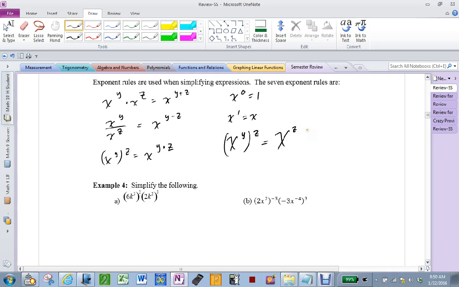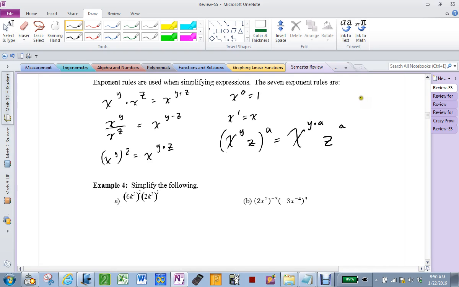Oh shoot, I needed another variable there to do that right. Sorry guys. X to the y, z to the a is x to the y times a and z to the a. That a goes everywhere. Okay? And what would be the seventh?